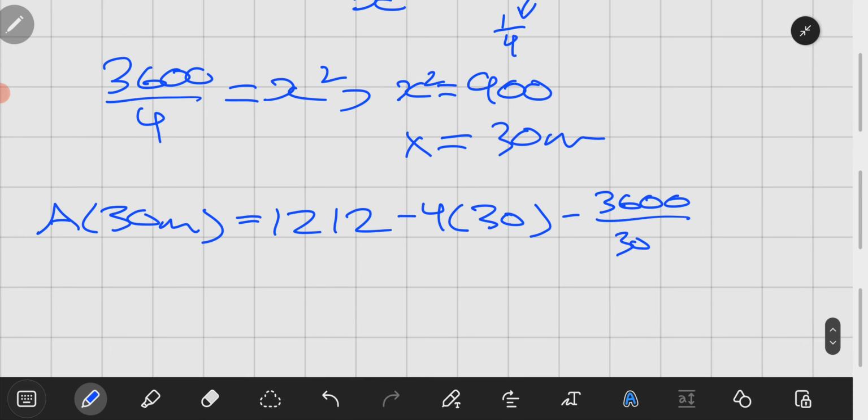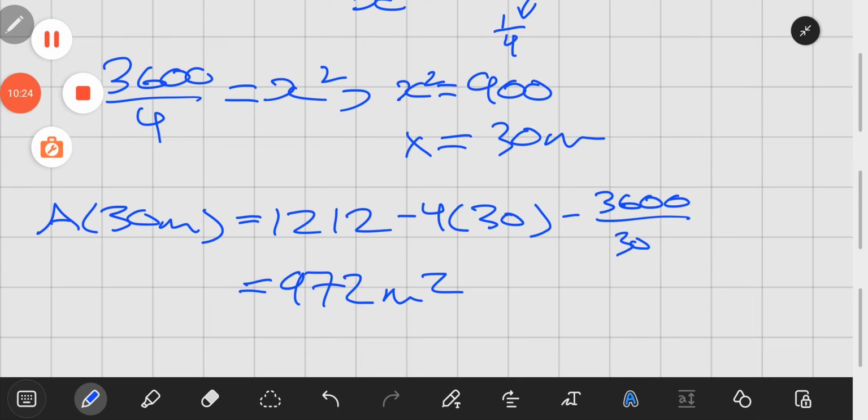All we have to do is compute this to find the maximal area of the garden. After computing this, we find that the maximum area is about 972 meters squared. And that's all for this question today.